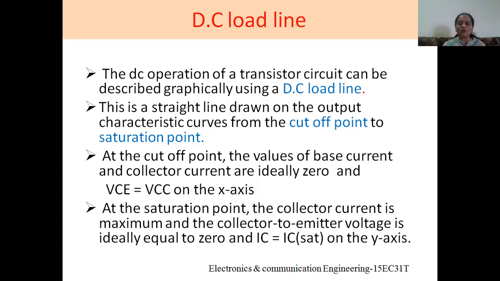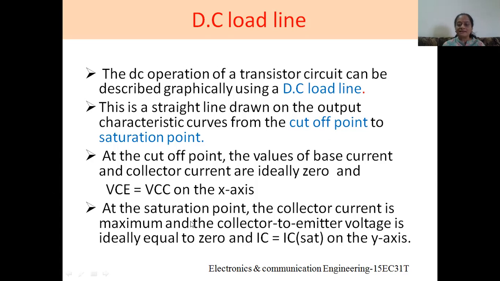When you draw a line between the cutoff point and the saturation point: cutoff point, as I have already explained, is a point where the base current and collector current are zero. Cutoff means the transistor is off and no current flows, so there is no base current and no collector current.